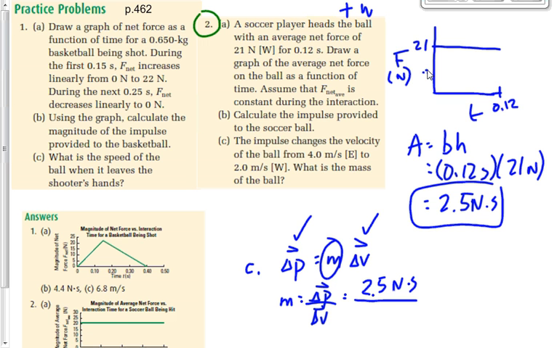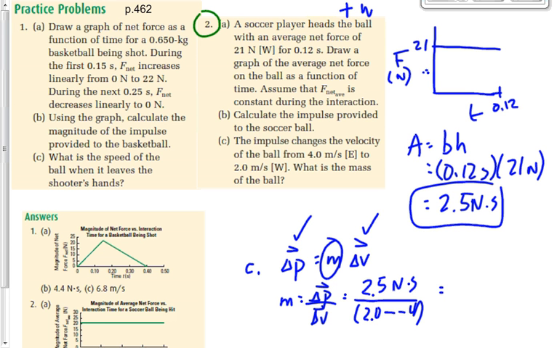Therefore, delta V would be 2.0 minus negative 4. Does that make sense? If west is positive, then the 2 meters per second has to be positive, and the 4 meters per second to the east must be negative. I could have drawn my graph so that it was below the x-axis and west was negative. I just thought it was a little bit easier to do it this way. Does that make sense?